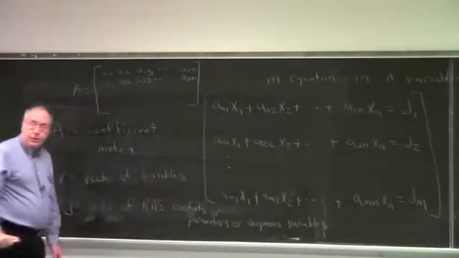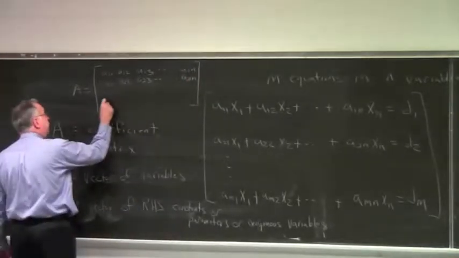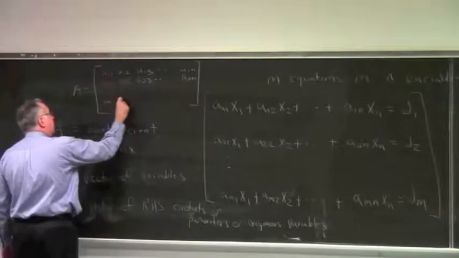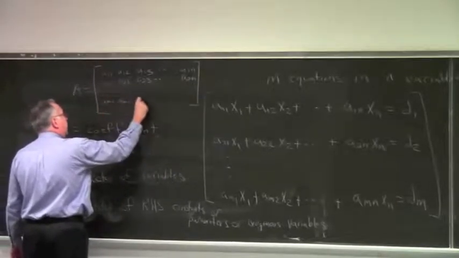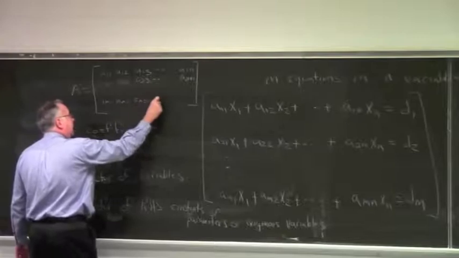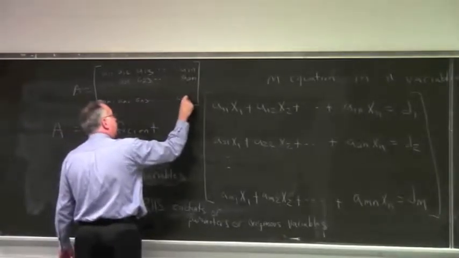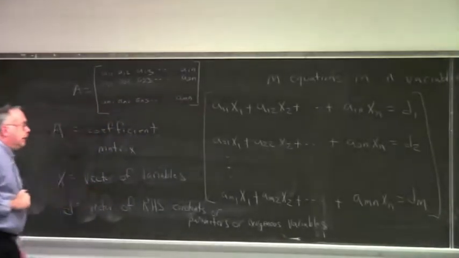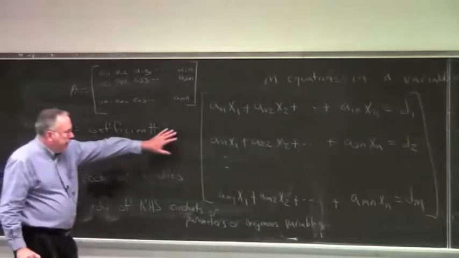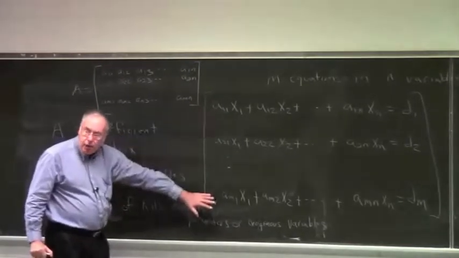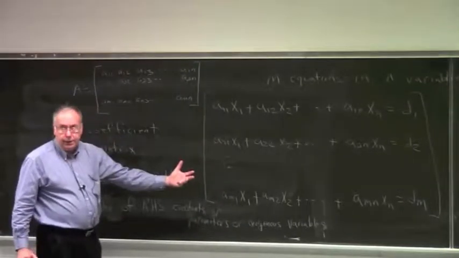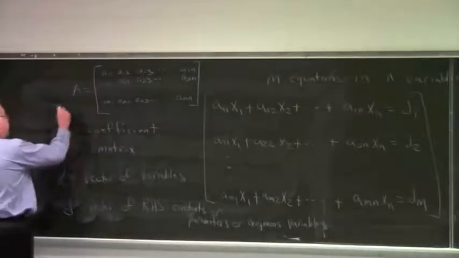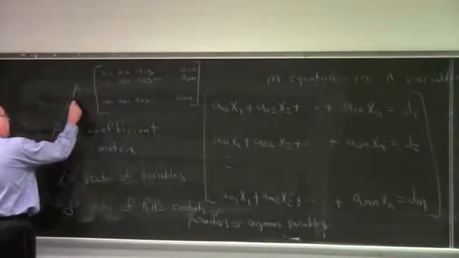And then the last row of the coefficient matrix would be Am1, Am2, Am3, dot, dot, dot, Amn. Okay. This matrix right here has m rows and n columns. So it has dimension m by n.